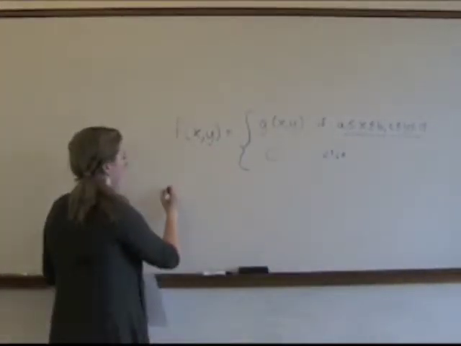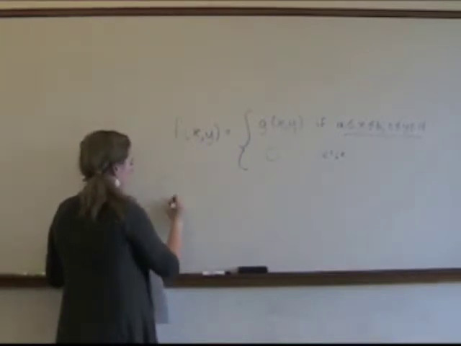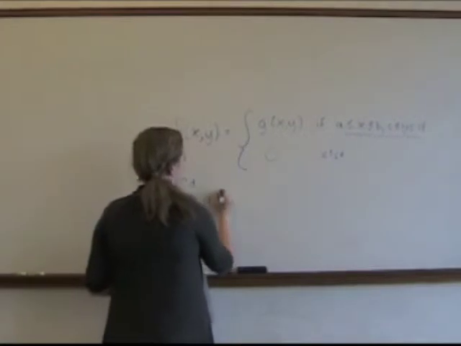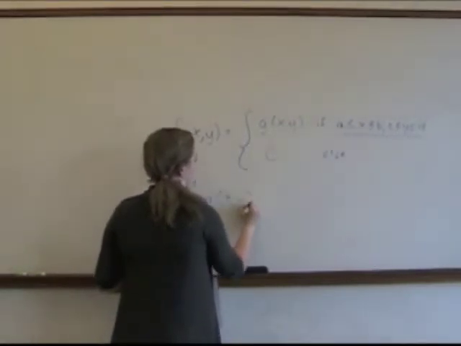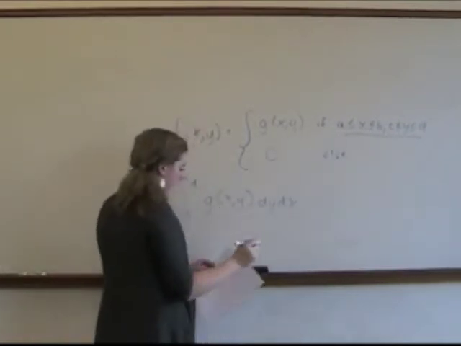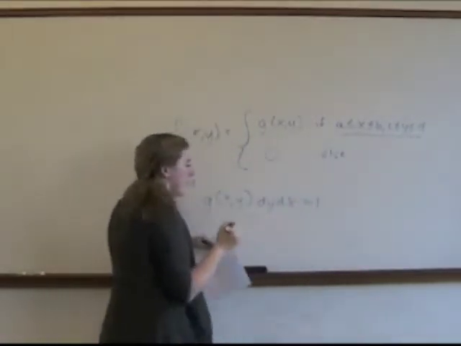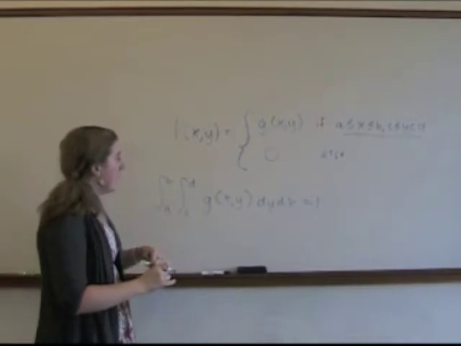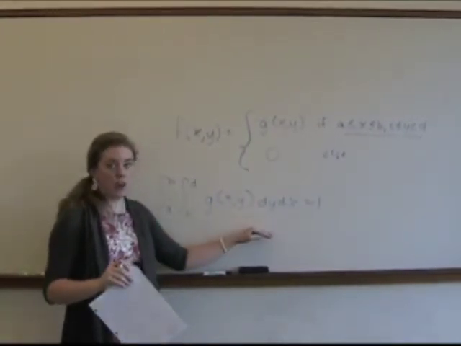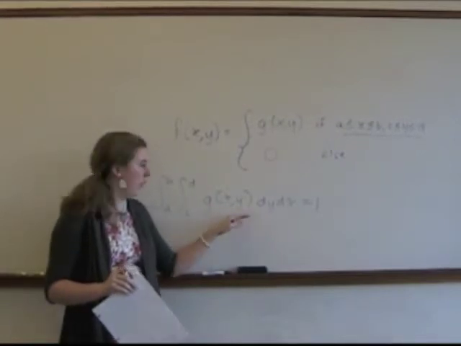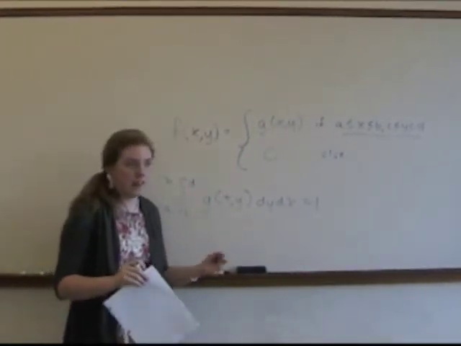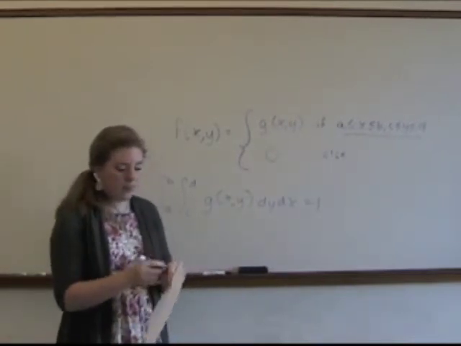So now we can see the integral from a to b and c to d of that function dy dx. If this equals 1, and you can't forget about it being positive, so it's greater than or equal to 0 for all of the domain, if both of these are true, then it is a joint density function.